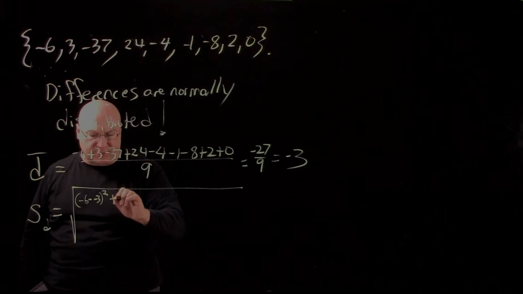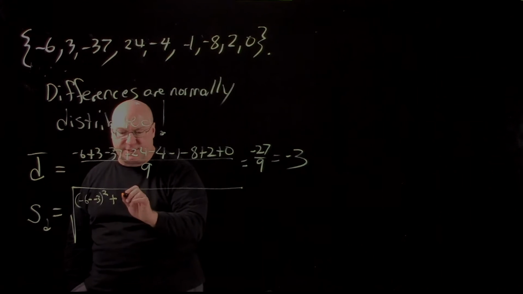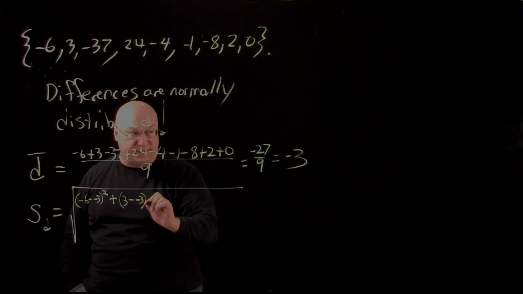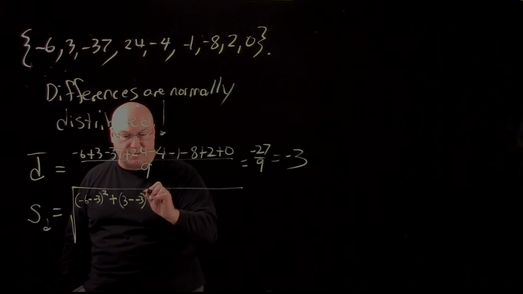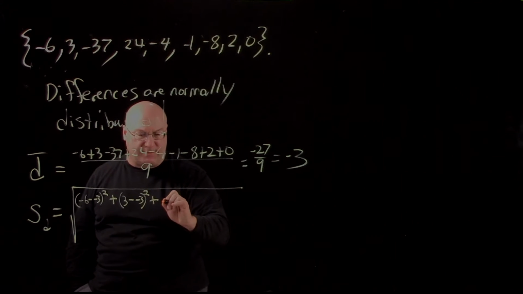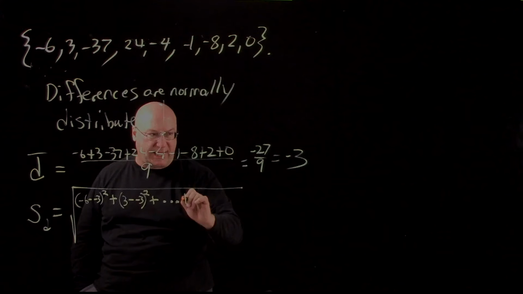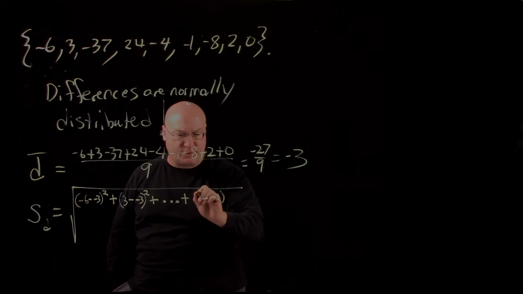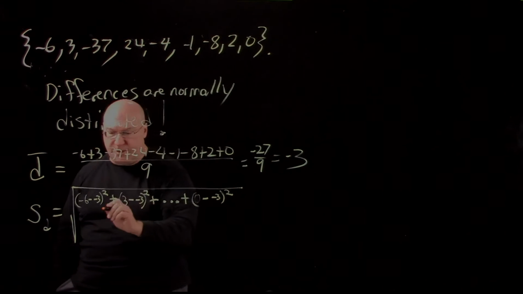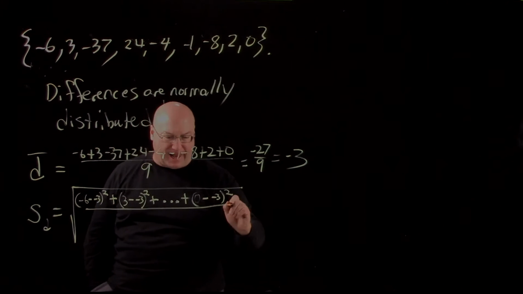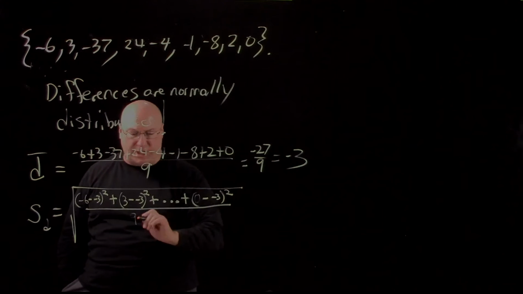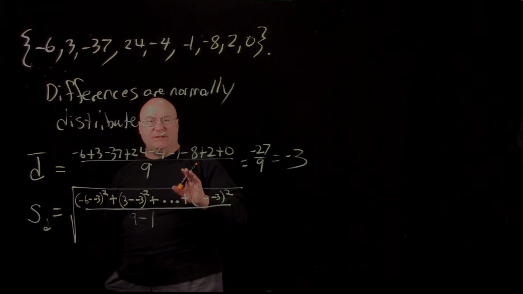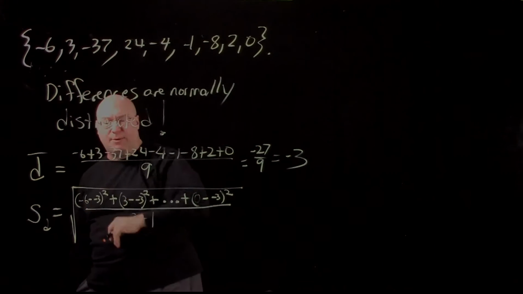And then I square that, plus take the next data point, and I subtract the sample mean, -3, plus, and I keep doing this, and the last one will be 0 minus -3, in parentheses, squared, and all of that is under 9 minus 1, right?